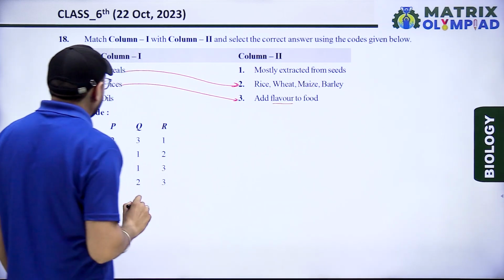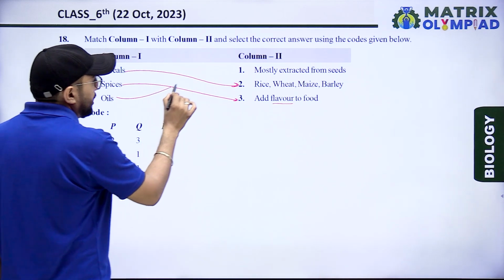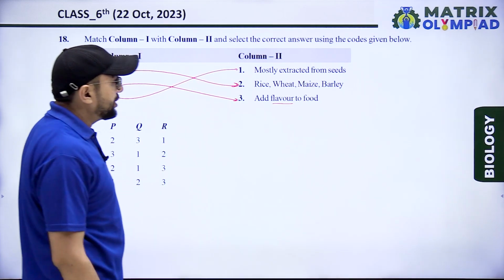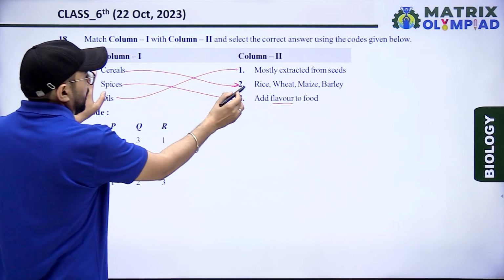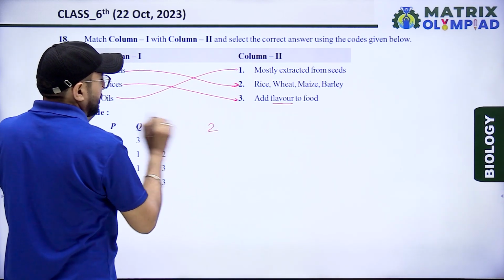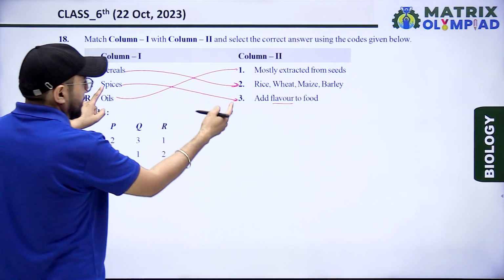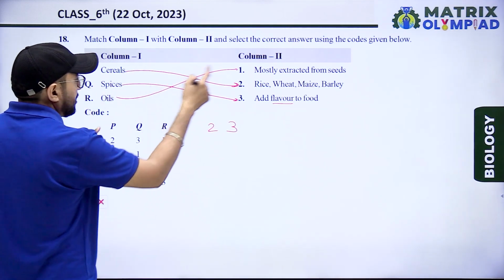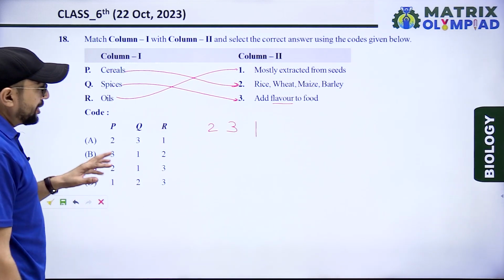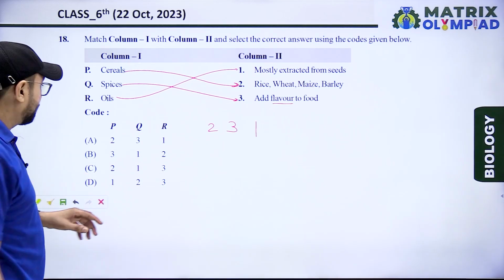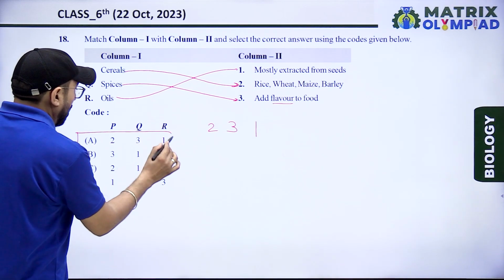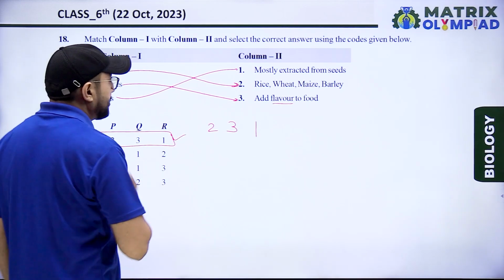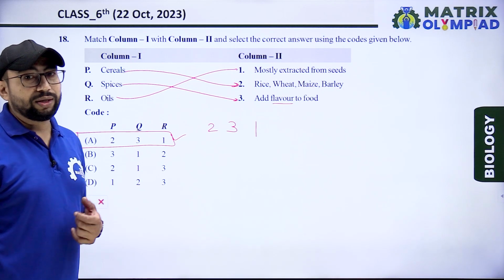Next, oil is mostly extracted from seed. So according to column first, 2, next 3, next 1. 2, 3, 1 is the right sequence for the column. So option A is the right answer for match the column.